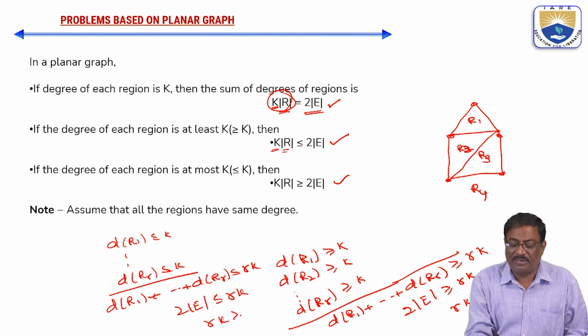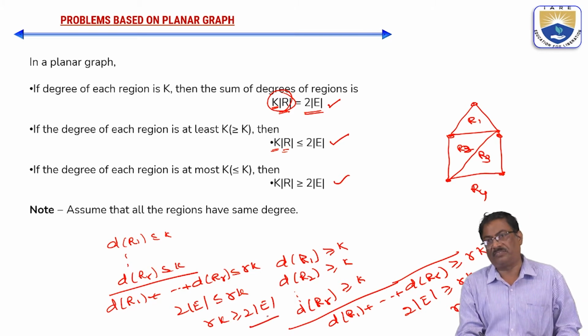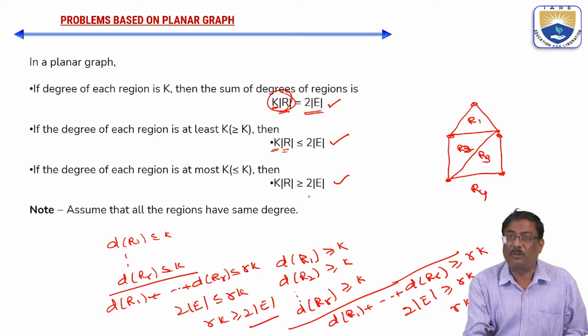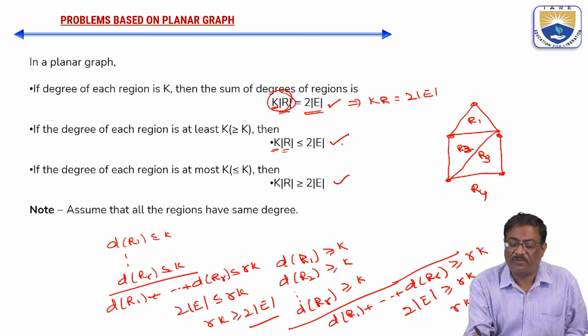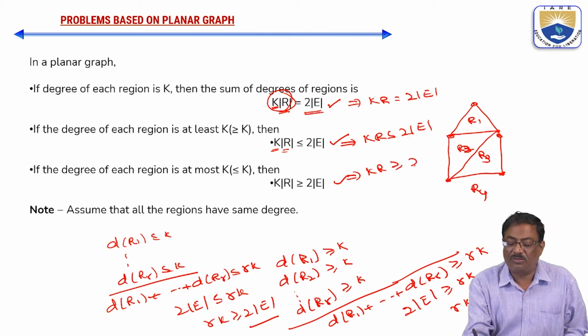So RK is greater than or equal to 2 into the cardinality of E, or number of edges. So that we are going to represent this. Similarly we can write KR equals 2 cardinality of E, or KR is less than or equal to 2 number of edges, or KR is greater than or equal to 2 number of edges.